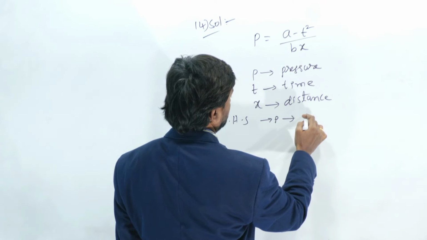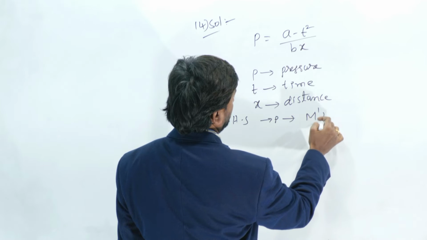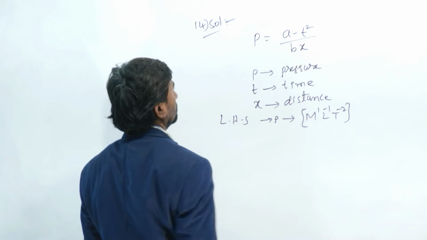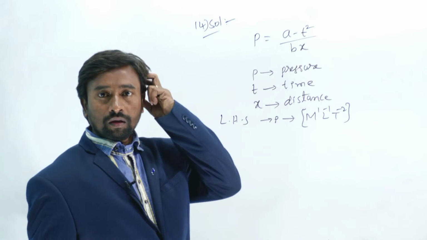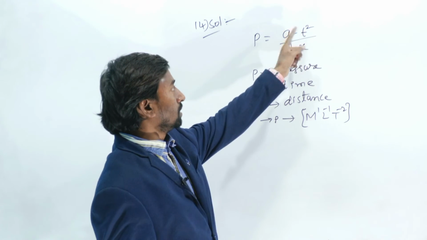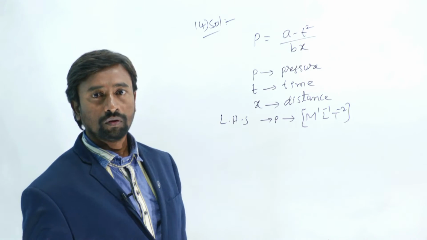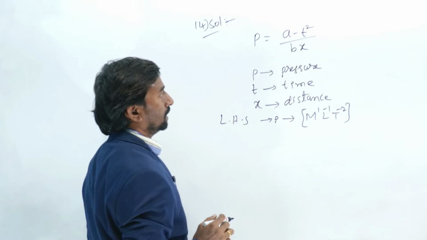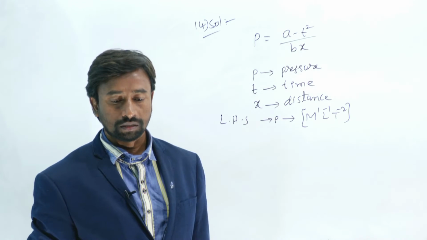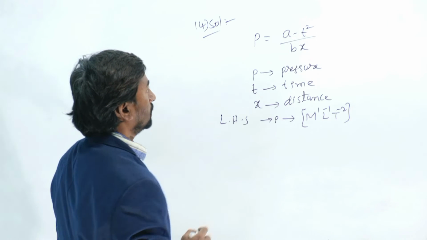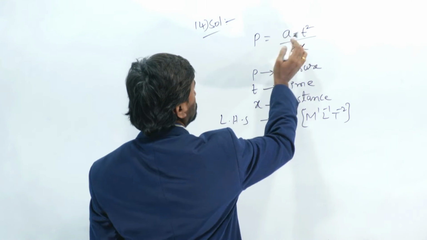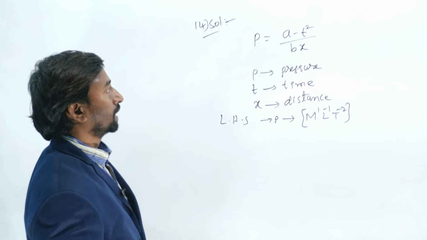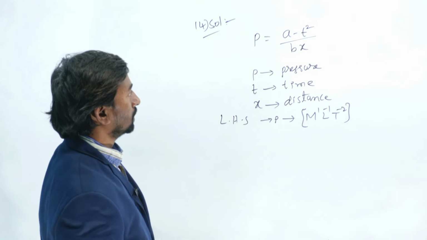The dimension of pressure we have seen: M power 1, L power minus 1, T power minus 2. The right-hand side should also give the same. Since A minus T square is there, and T is a time, A should also be time. So here we can write there.